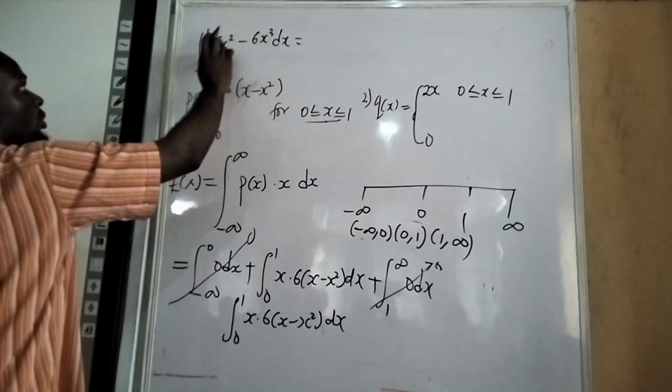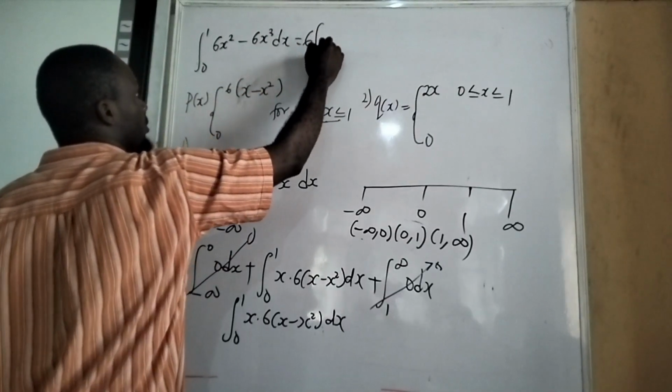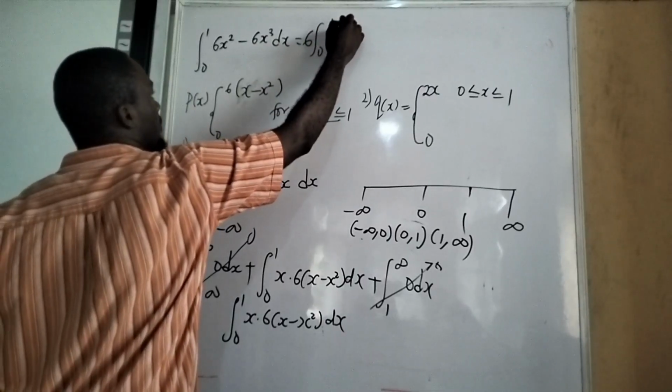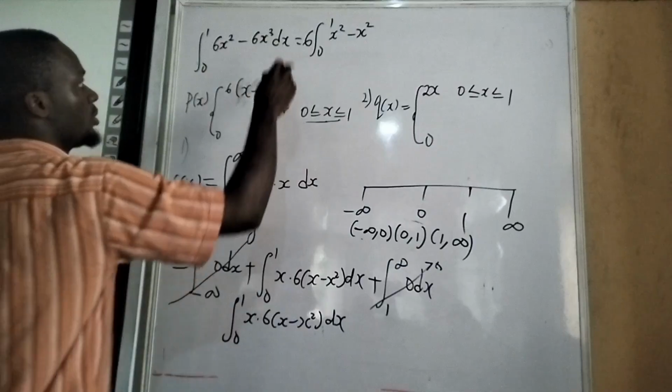See that 6 is common, so you have 6 out.